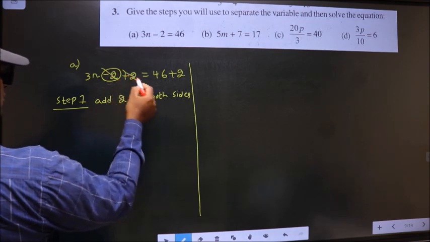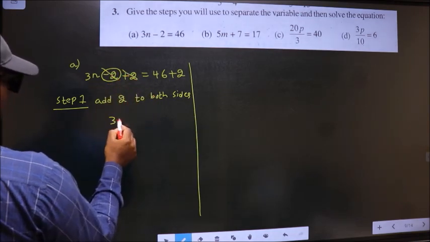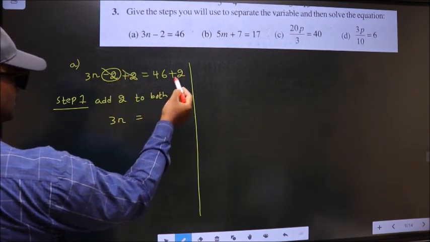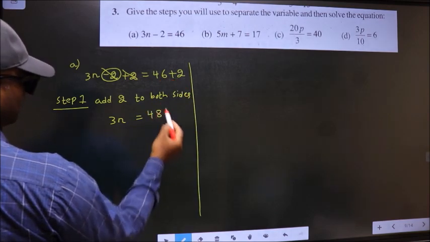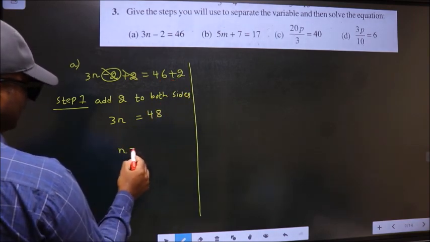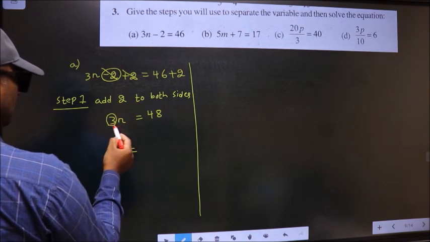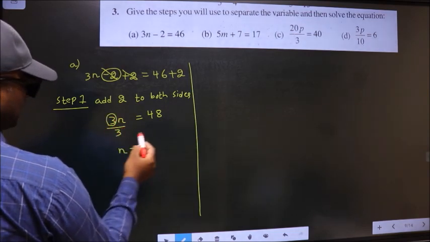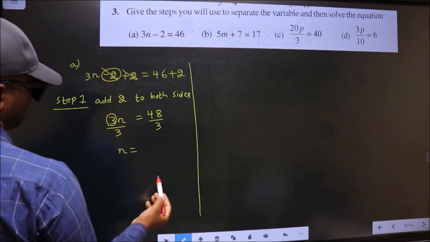Now, minus 2 plus 2 cancel out, you are left with 3n equal to 46 plus 2, 48. Now, to get n value, we should remove 3. To remove 3, you divide by 3 on both sides.